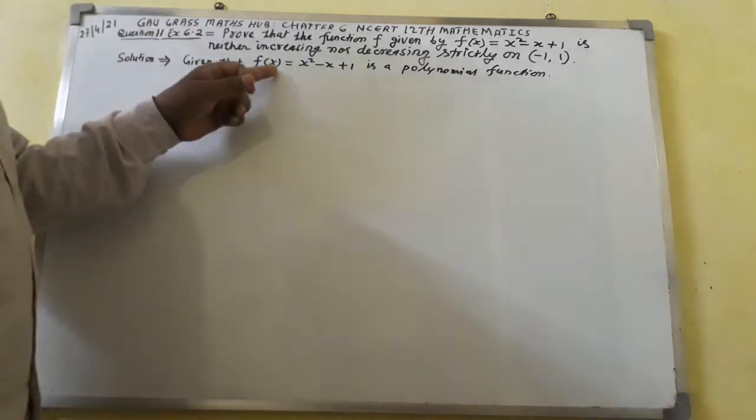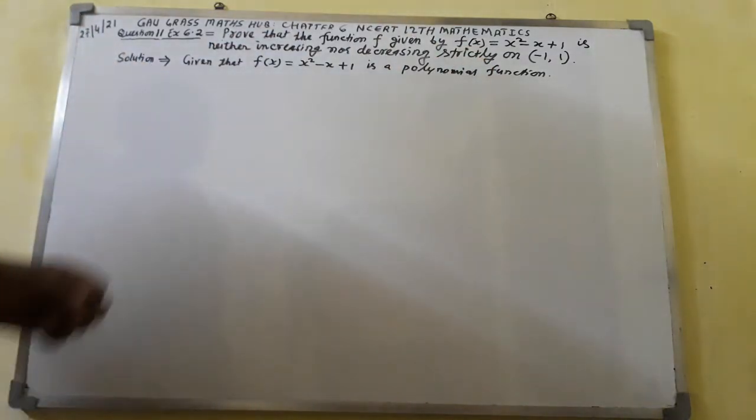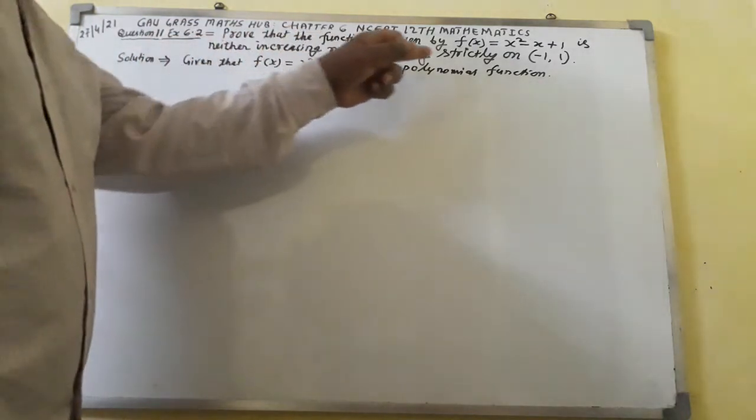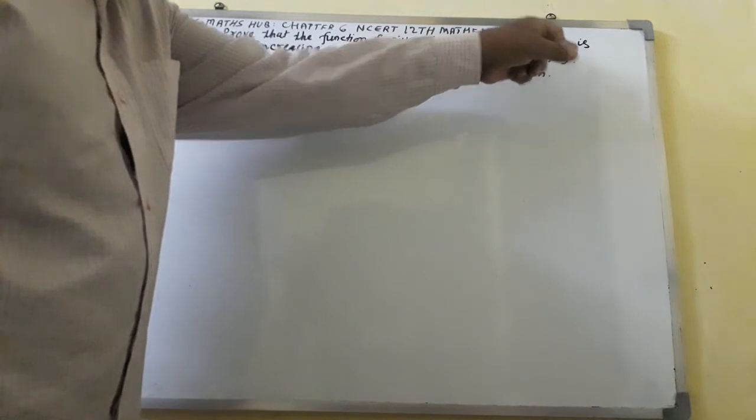This function, which is a polynomial function, is neither strictly increasing nor strictly decreasing on the open interval (−1, 1).